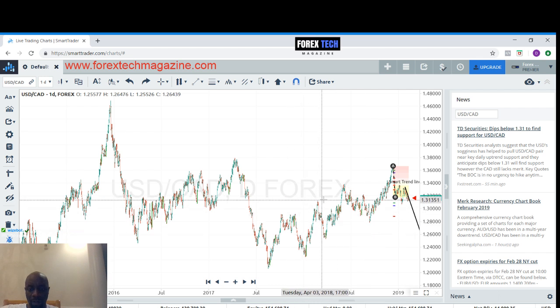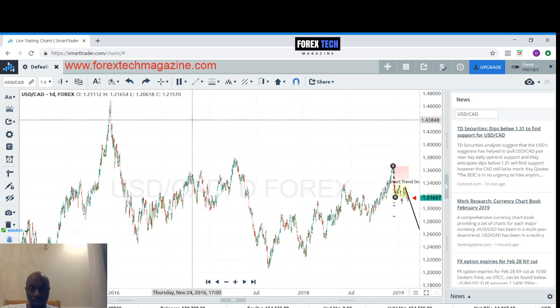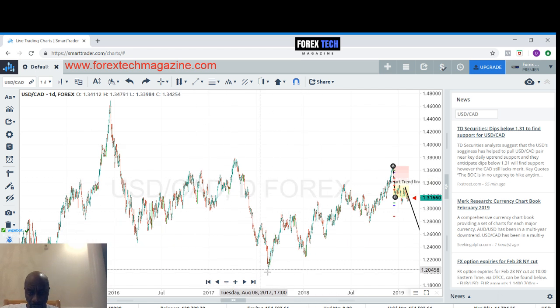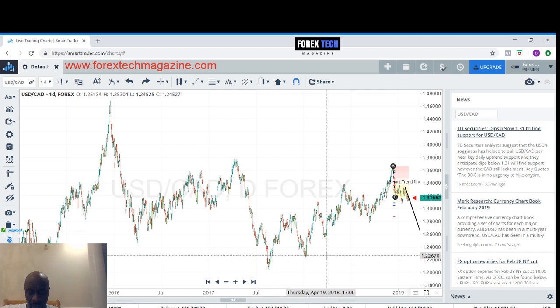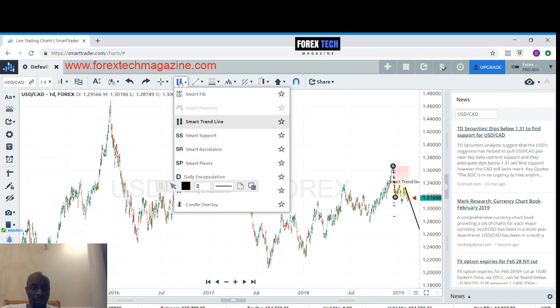Higher high, higher high, higher high, higher high. So price is obviously moving up. But it looks like we've got an extended retracement here, which could just be a Gartley, right? It's making a little pattern.